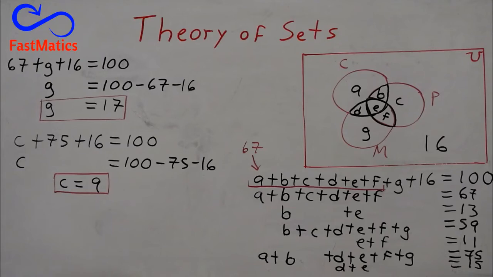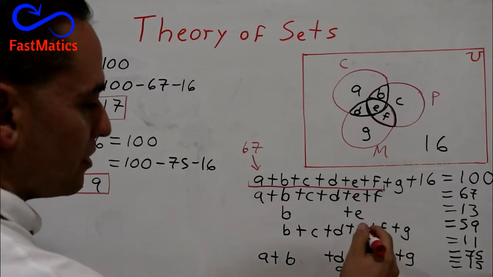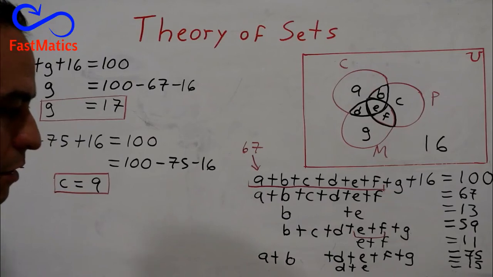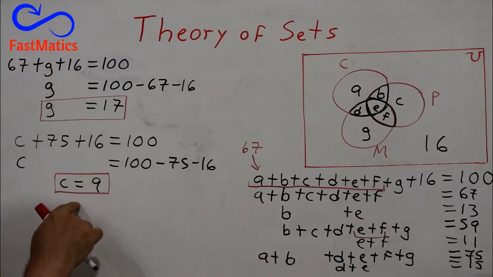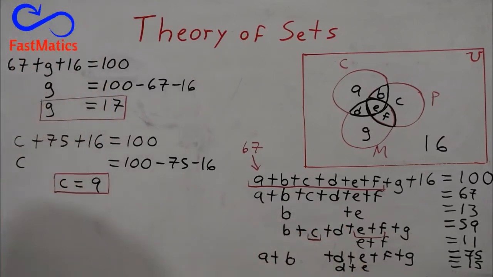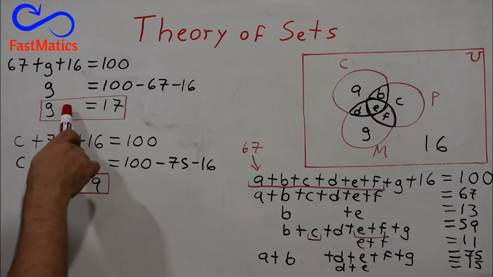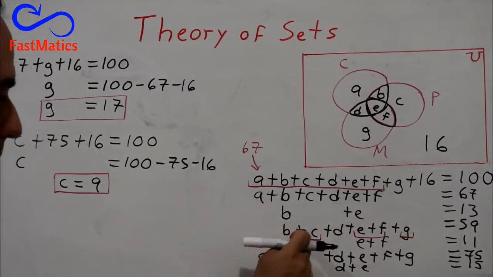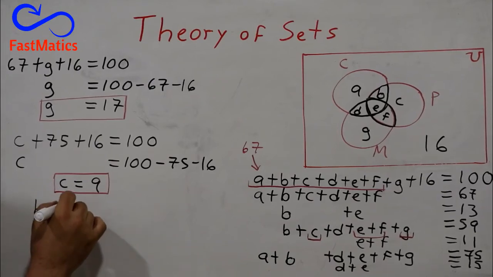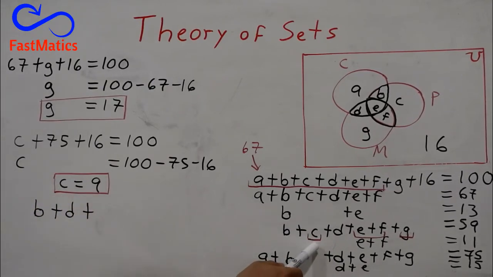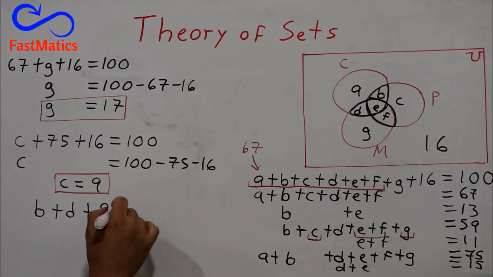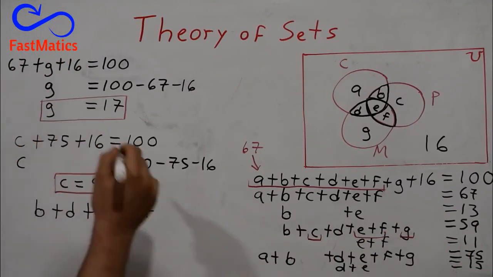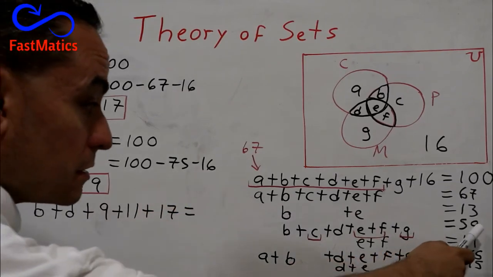Now let's consider, if we have E plus F here, we could write 11 instead of E plus F. Also, if we have C here, we could write C. And if we have G here, we could write G. Then B plus D plus C, that means 9, plus E plus F, 11, and plus G, 17, is equal to 59.